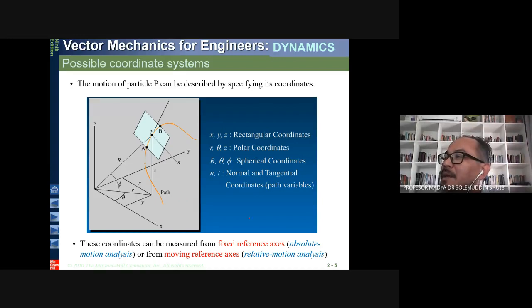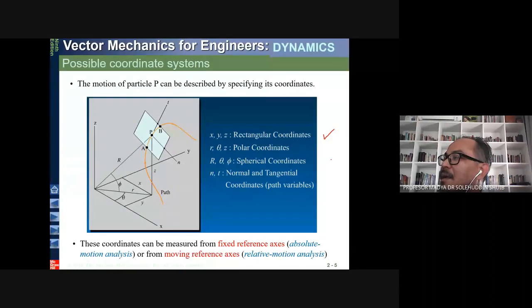This one I have explained yesterday, the different types of motion of the particle. We can use a rectangular coordinate x, y, z, or look at it from a polar coordinate point of view, or in the spherical coordinate system.